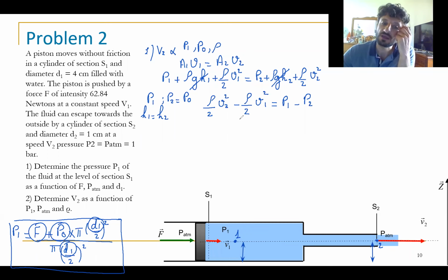Look here, we have V1 and V2, but I need only V2.